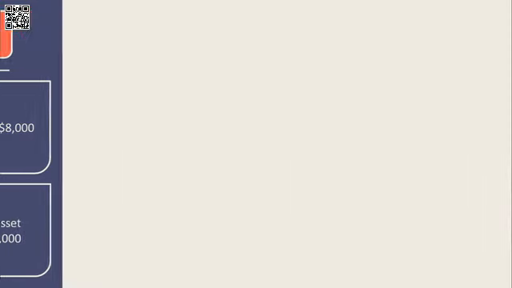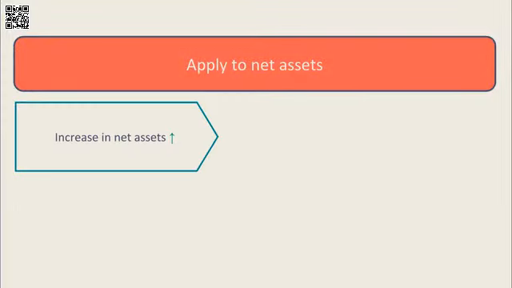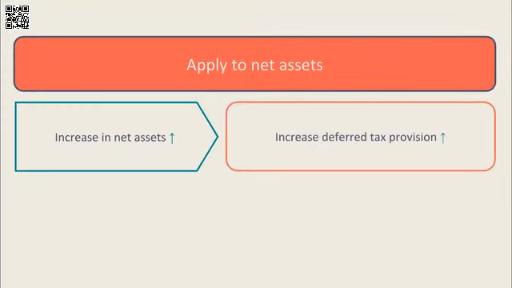If the arguments for deferred tax work for one asset and one liability, they also work for all assets and all liabilities. In other words, the net assets of the business. In general terms, if the net assets of the business increase, we increase the deferred tax provision, since the business is capable of generating more cash, and thus we will have to pay more tax.